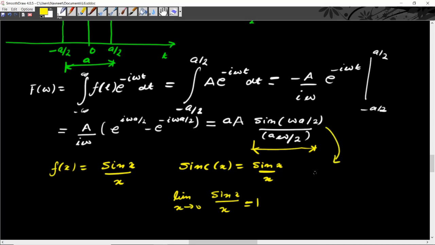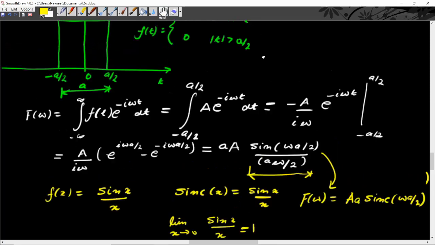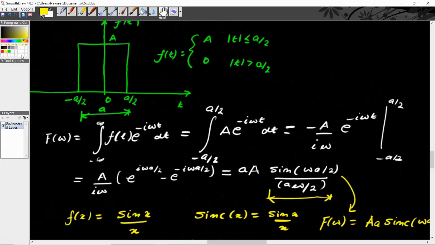So the Fourier transform for a rectangular pulse of amplitude A and duration small a is given by this function. Now let's look at the plot of the Fourier transform of a rectangular pulse.